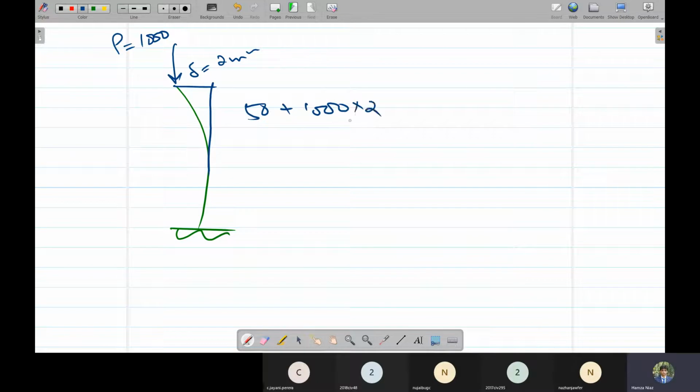So the moment would become 2050. This is second order moment. Almost 2000 moment has been added. So this is very high. We have to consider this. Otherwise, the structure would fail well before what we thought.